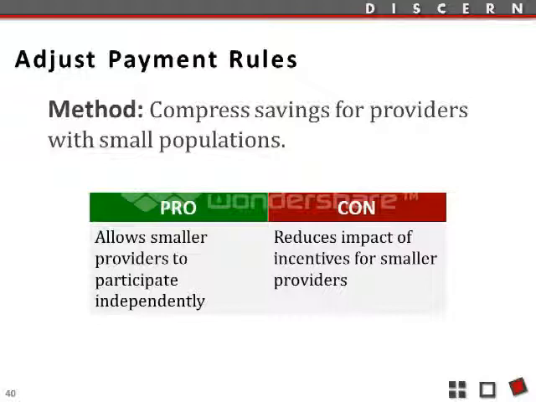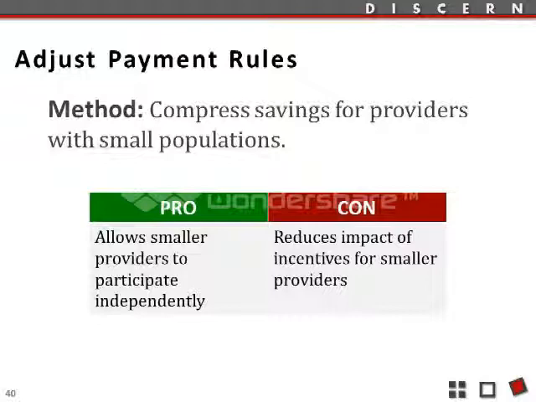I'll illustrate that over the next couple of slides. The advantage of this methodology is that you allow smaller providers to participate as independent organizations. You don't have to aggregate them. You don't have to exclude them. You can take them as they are and merely compress the savings for which they receive attribution.